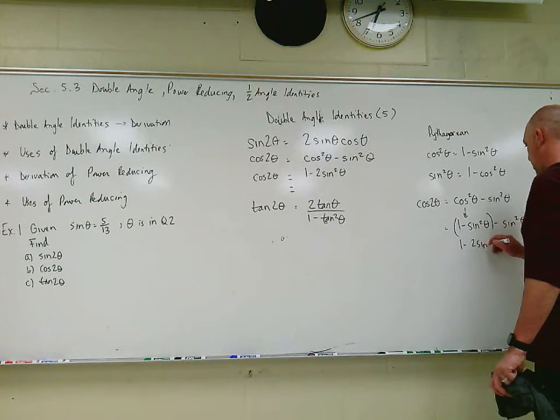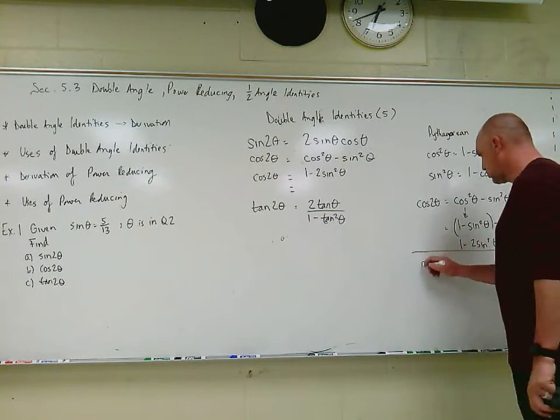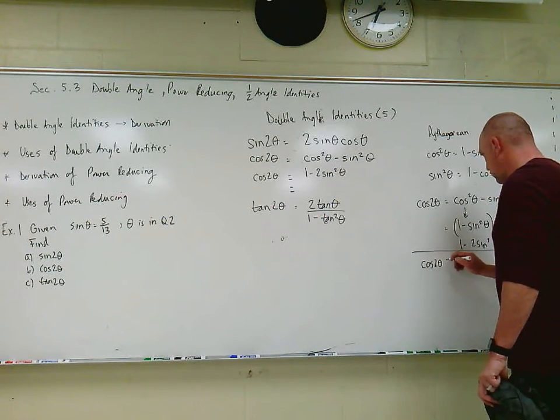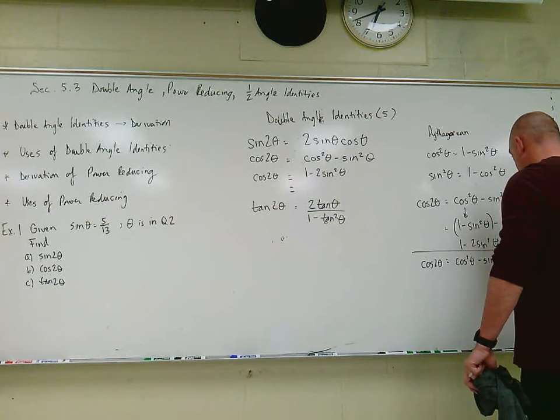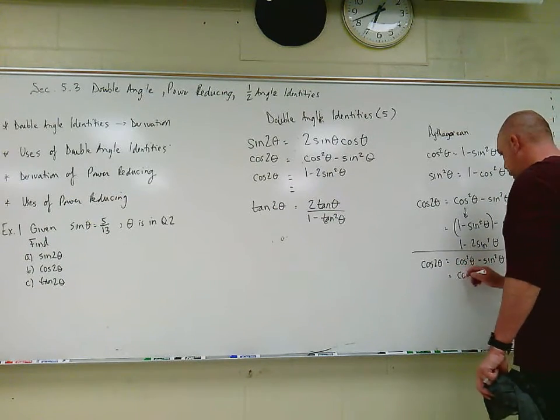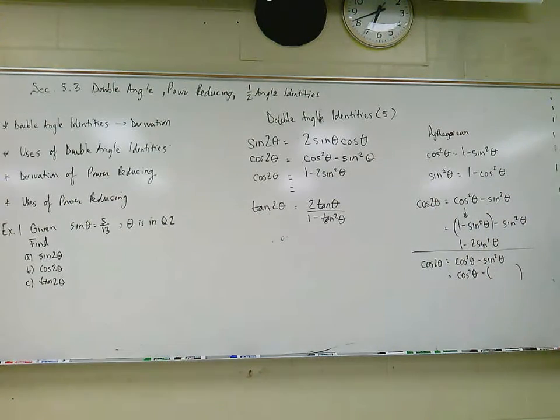All right. Now I go back to the main identity for cosine. And in place of sine squared, I'll put what sine squared equals, 1 minus cosine squared.